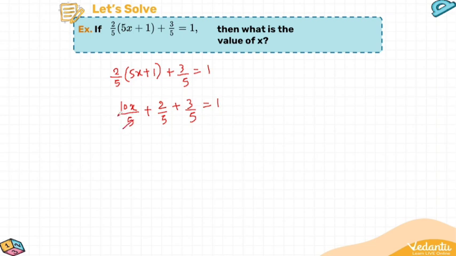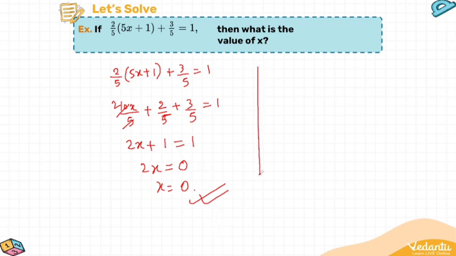So 5 1s are 5, 5 2s are, so 2x, and if we take the LCM of this, 2 by 5 plus 3 by 5, LCM is 5, 2 plus 3, 5 by 5, that is 1, equal to 1. So 2x is equal to 1 minus 1 is 0, x is equal to 0. So x is coming 0.